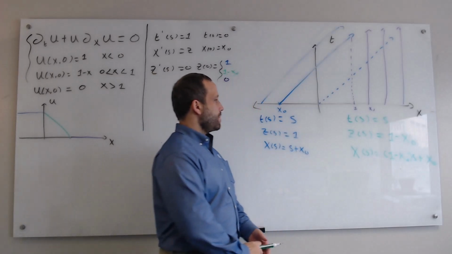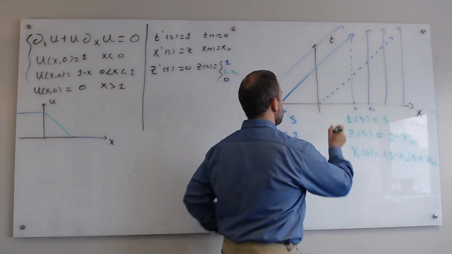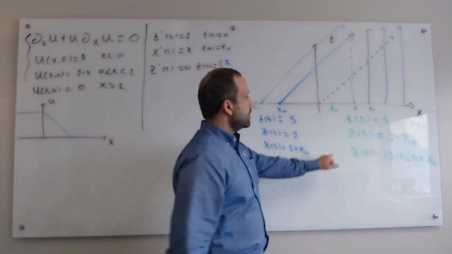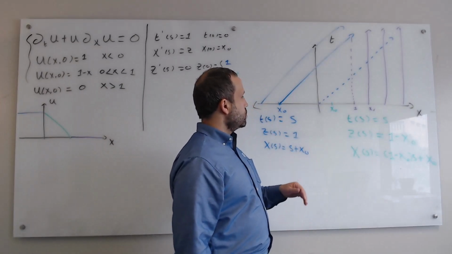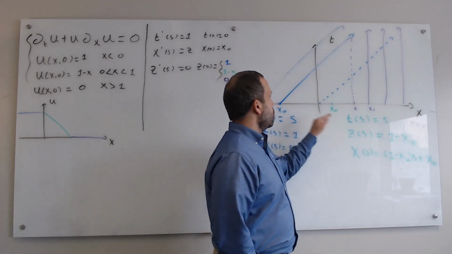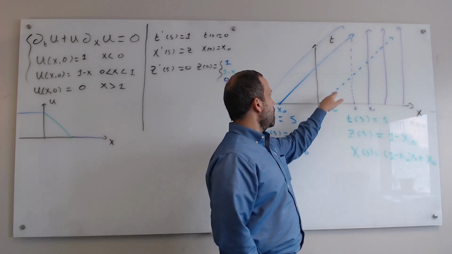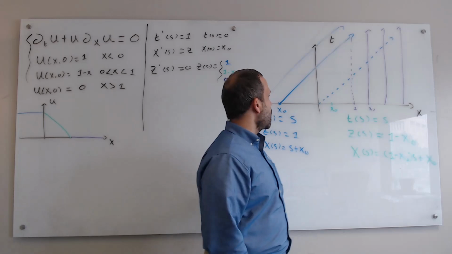And notice what happens if you plug in S is equal to 0, we start at X naught. So let me just point out, these are going to be lines. The slope is going to be 1 over 1 minus X naught. So if X naught is equal to 0, we're going to have a slope that lies along the blue line. So in the limiting case here, we get a line going along the blue line.